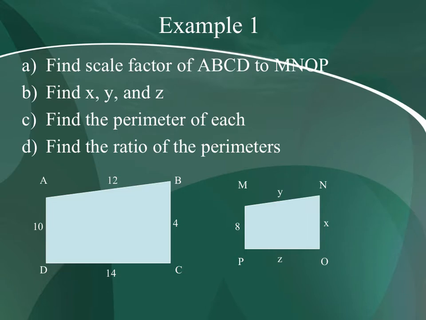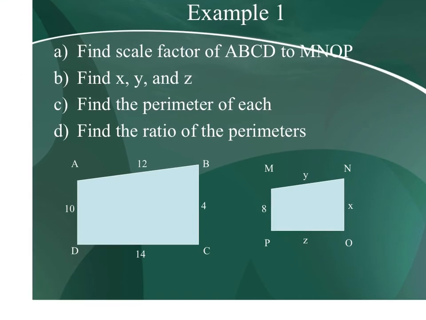Okay, so the next slide has some quadrilaterals here. It wants us to find the scale factor of ABCD to MNOP. So what I need to do is find the two sides that have a complete ratio, not one of the parts of the ratio as a variable. If I first look at AB with MN, notice I don't have a complete ratio.